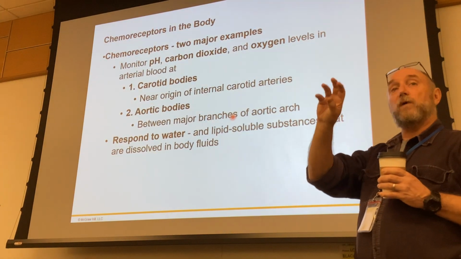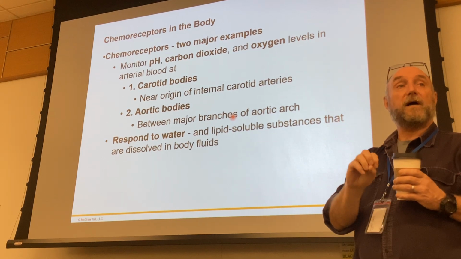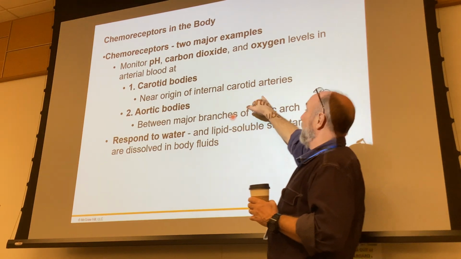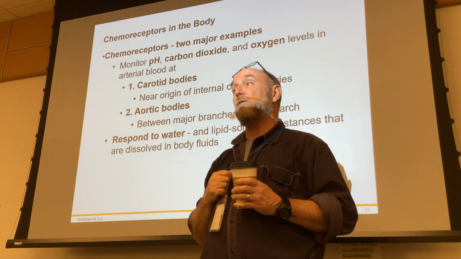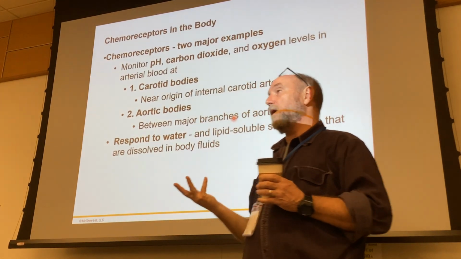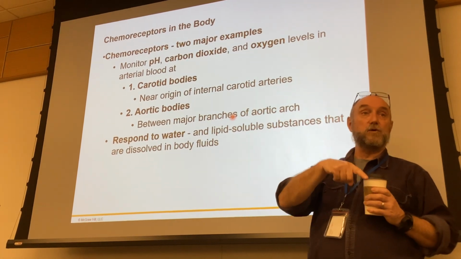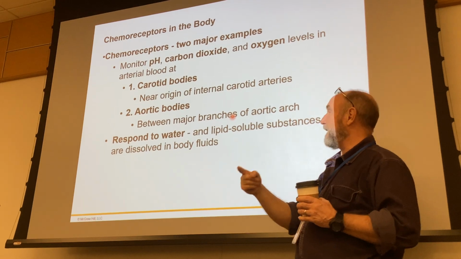And basically what they sense is, what is the carbon dioxide content of the blood? If there's high carbon dioxide content in the blood going to the brain, that's a problem. If there's high carbon dioxide content leaving the heart, that's a problem. What's the solution there? Well, there's a couple of different mechanisms there, but that's the first detection there.